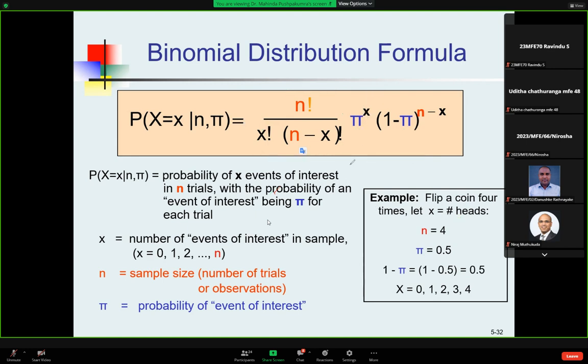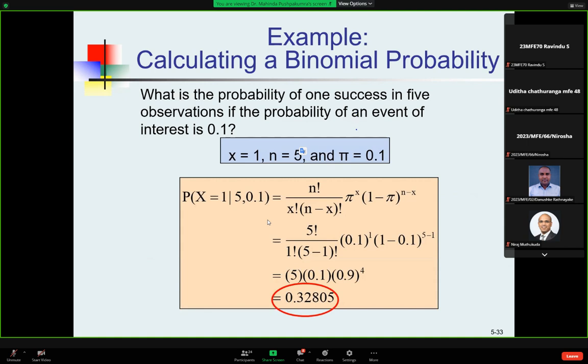Then you have to insert your information here. Then you can see another example here.